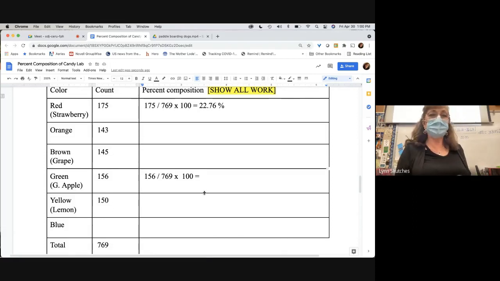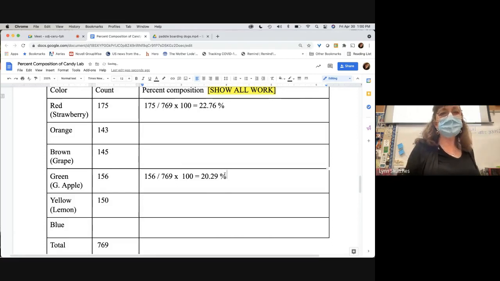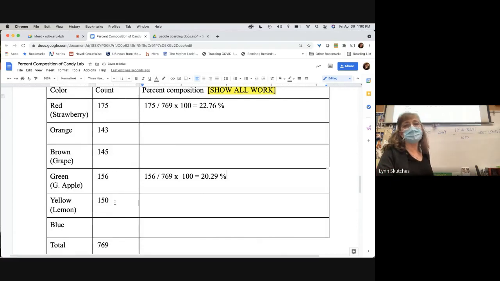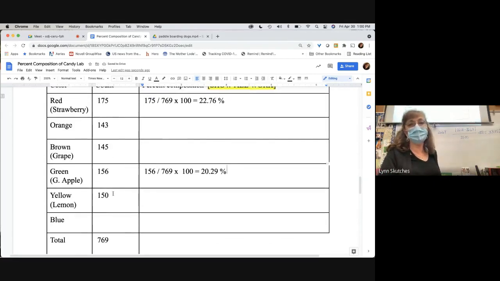Great. So the green apple got 20.29. That's fine if they round to the hundredths place to the same. I totally can see how that would happen.